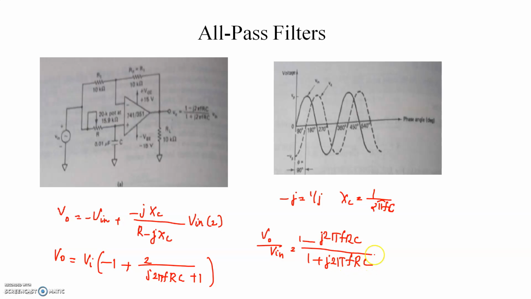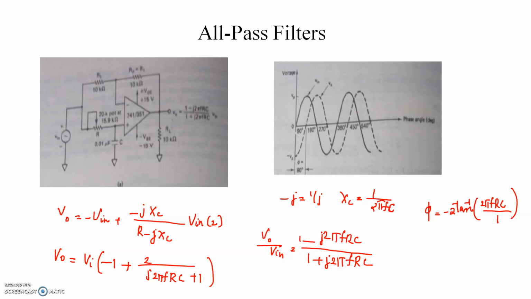And its phase shift is given by phi equal to minus 2 tan inverse (2 pi fRC divided by 1), where phi is in degrees, f is in hertz, R in ohms, and C in farads.